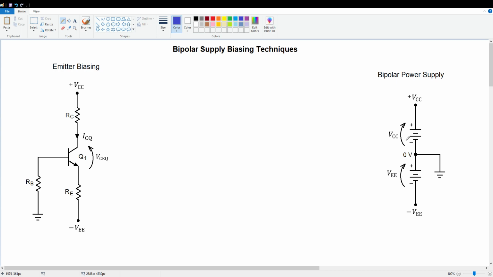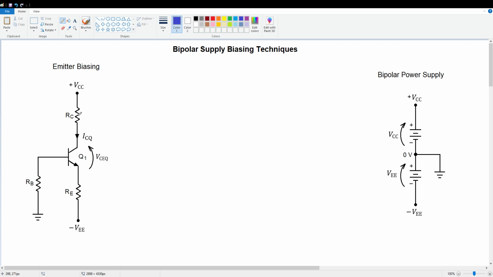Now let's assume we've got this supply or something equivalent connected to our circuit over here. And let's start out by determining the cutoff and saturation values for this thing. Remember, when the transistor is in cutoff, ICQ equals 0. The transistor is acting like an open circuit from collector to emitter.